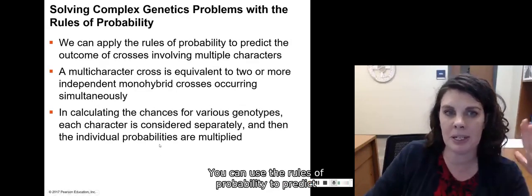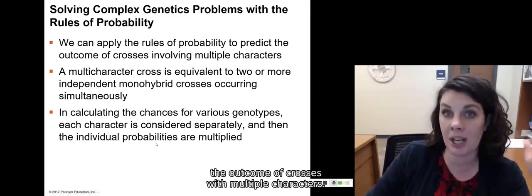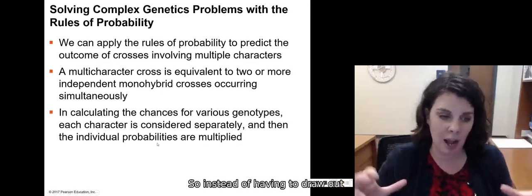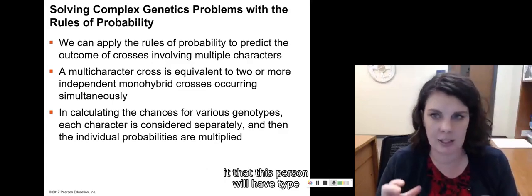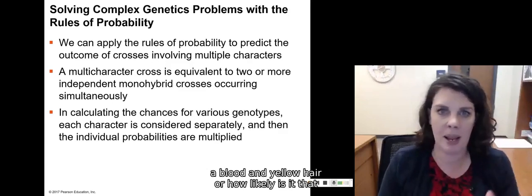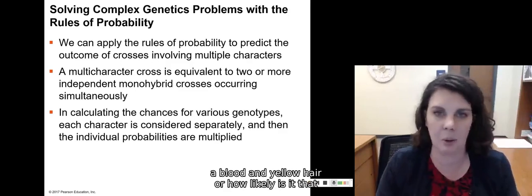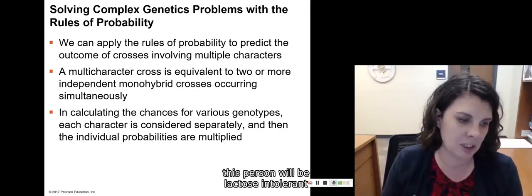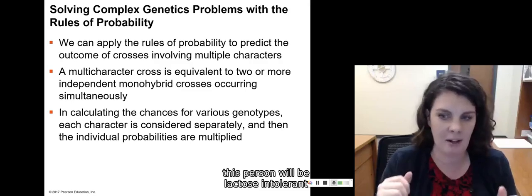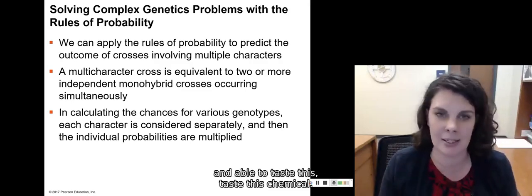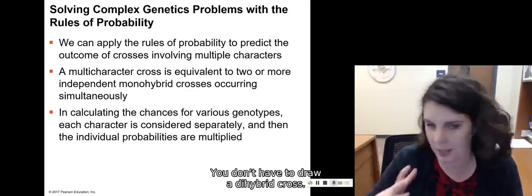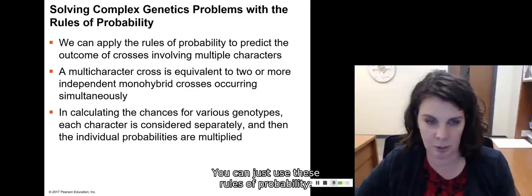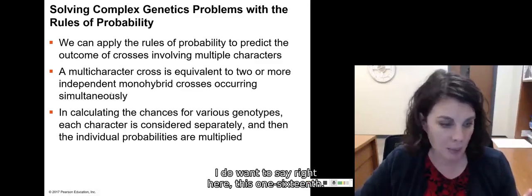You can use the rules of probability to predict the outcome of crosses with multiple characters. Instead of having to draw out a dihybrid cross every time you want to know how likely it is that this person will have type A blood and yellow hair, or be lactose intolerant and able to taste this chemical, you can just use these rules of probability.